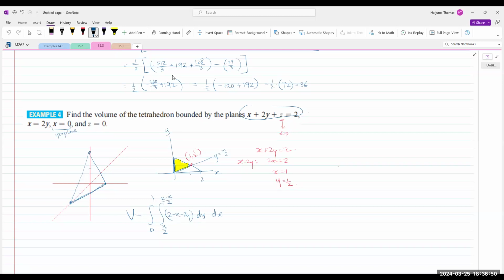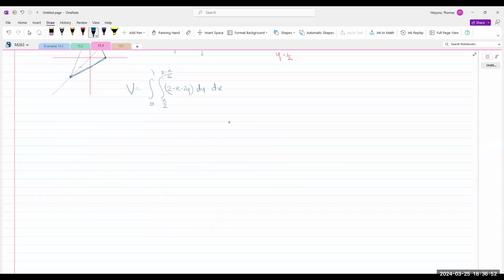Okay, I think we are ready to integrate. So this is equal to the integral from 0 to 1 of 2y minus xy minus y squared, from x over 2 to 2 minus x over 2, dx. You know what?